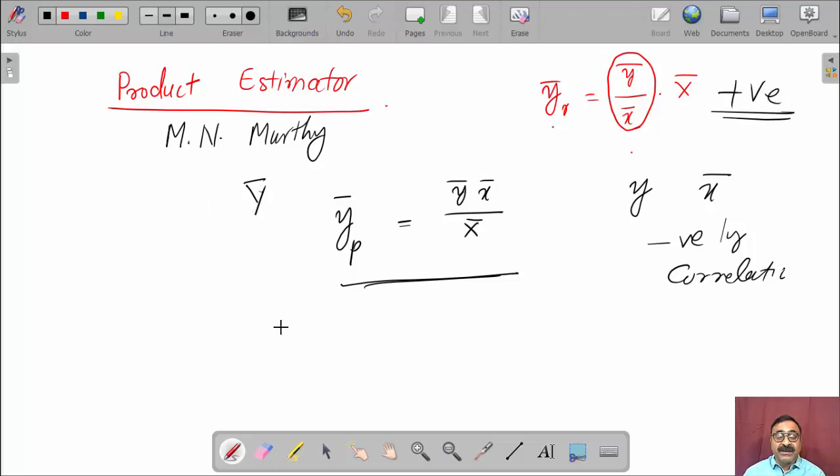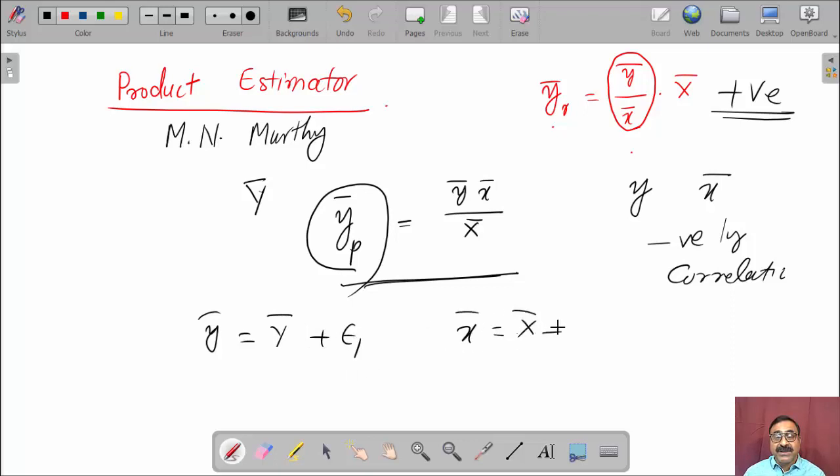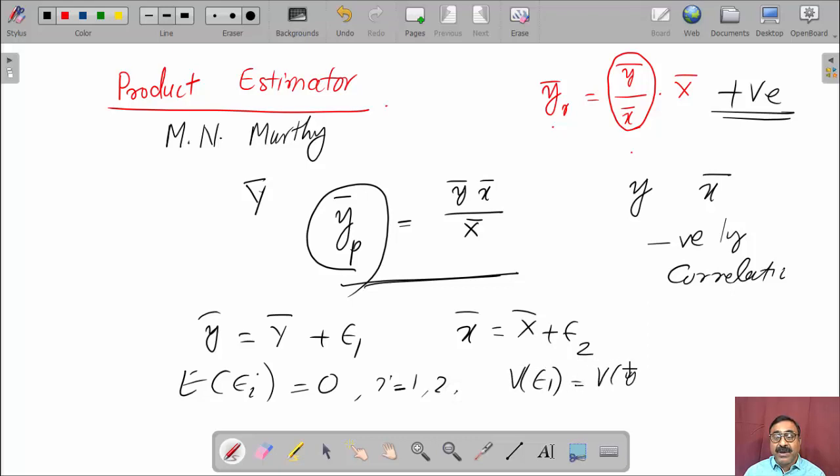So now to define the expected value and the variance of this product estimator, we consider ȳ equal to Ȳ plus epsilon 1 and x̄ equal to X̄ plus epsilon 2, where expectation of epsilon i is equal to 0, i equal to 1, 2, and variance of epsilon 1 equal to variance of ȳ, that is equal to expectation of epsilon 1 square, that is equal to (1 minus f) by n S_y square.